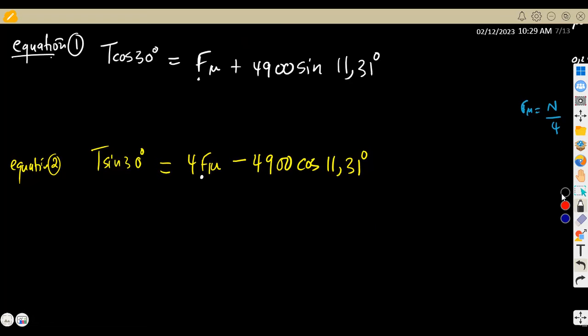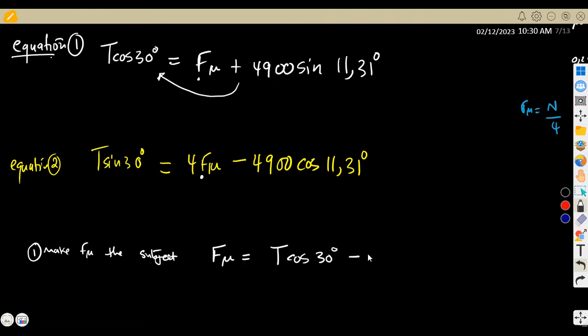So we are still on equation 1. Make the frictional force the subject of the formula. The frictional force is going to be equivalent to, I just have to transpose this to the left-hand side, 2T cos of 30 degrees minus 4,900 sine 11.31 degrees. We do the same thing on equation 2.